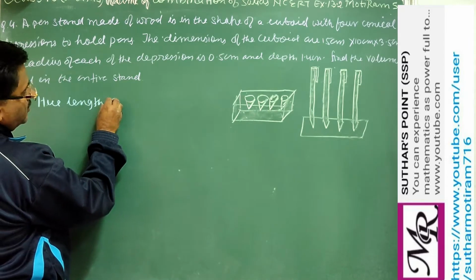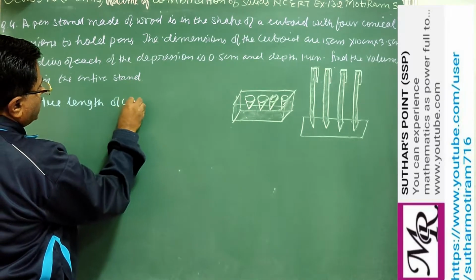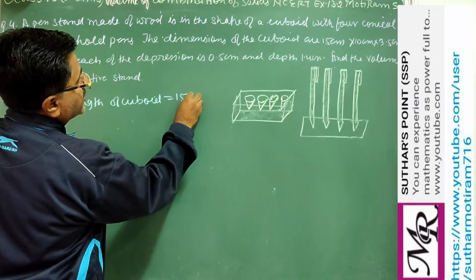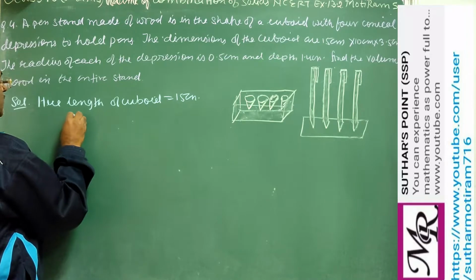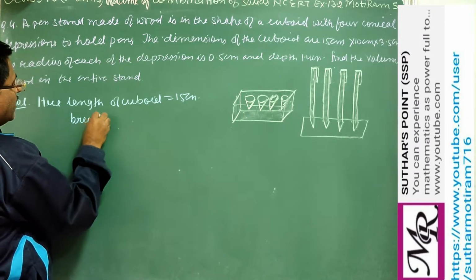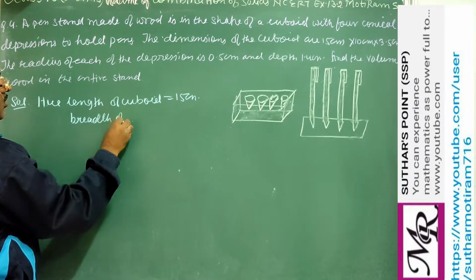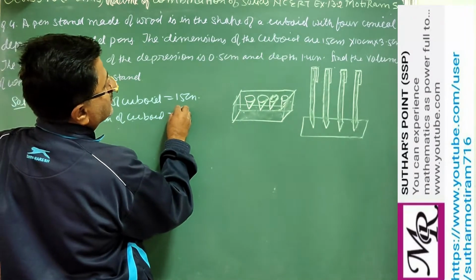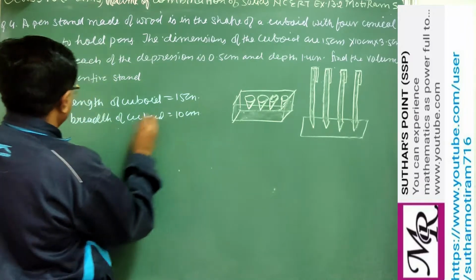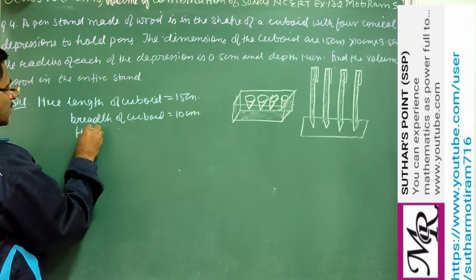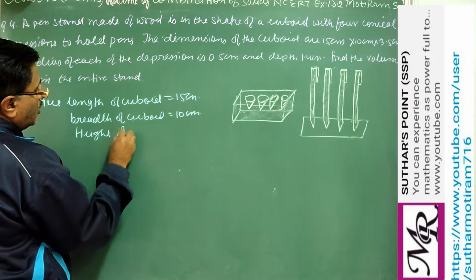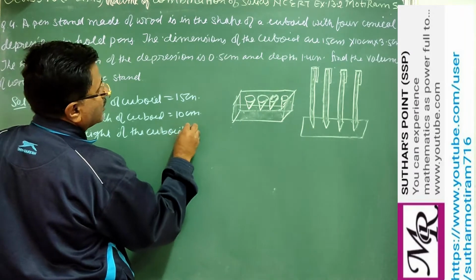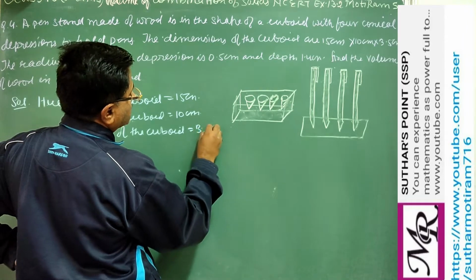Length of cuboid, or directly you may write the dimensions as given, 15 centimeter, breadth of cuboid that is 10 centimeter, and height of the cuboid that is 3.5 centimeter.